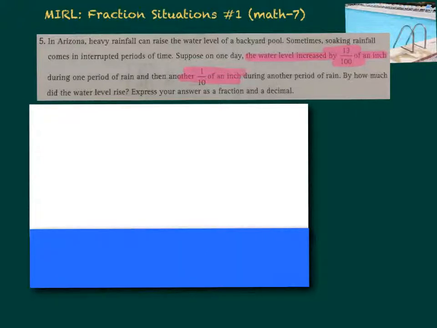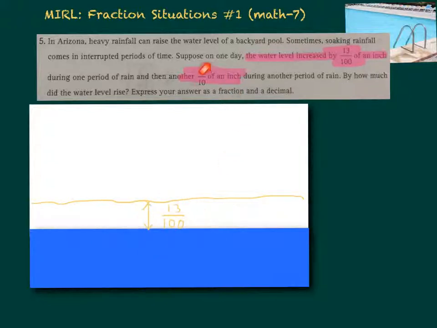Okay, and then the next step is, I have this picture here that I'm going to show you. Let's just say this is the pool. And so one day if it increased by 13/100 of an inch of rain, the water level will go up. Let me mark it down. So this is the water level increased by 13/100 of an inch.